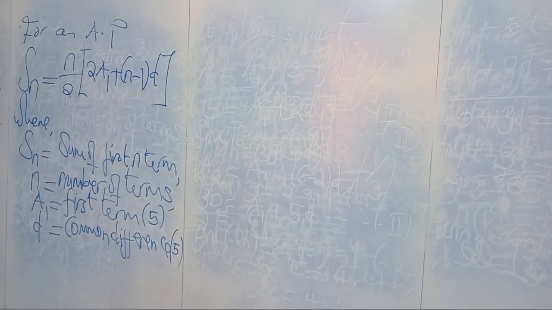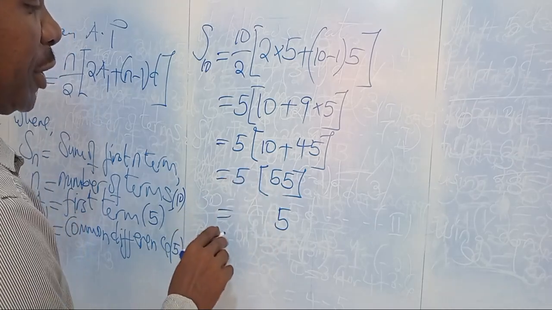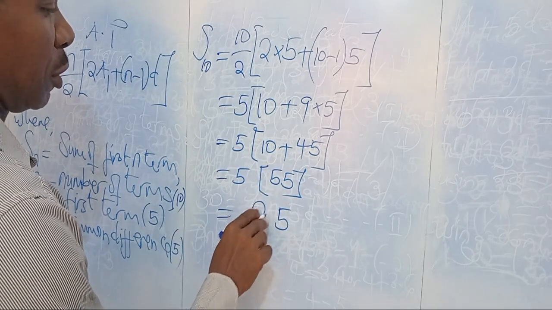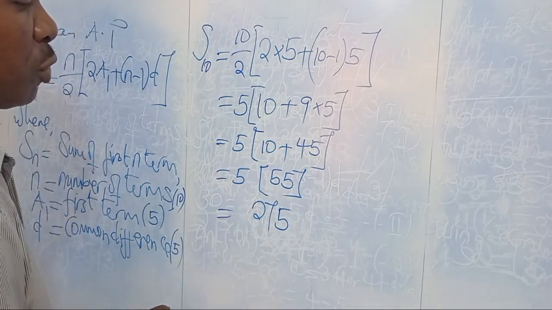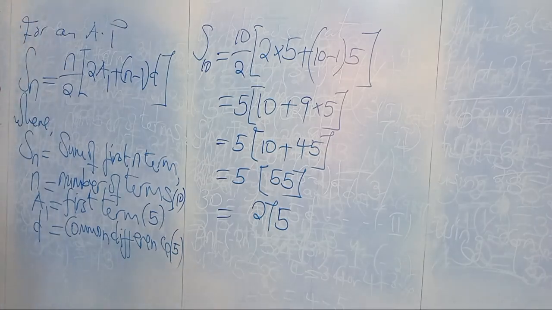In the given formula, 9 times 5 is 45, plus 10, we get 55, times 5 gives 275.